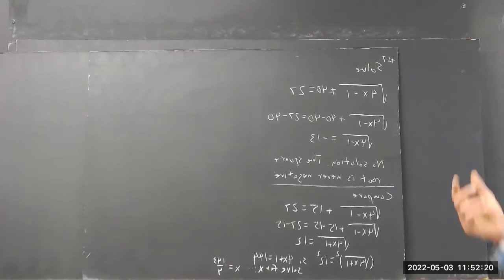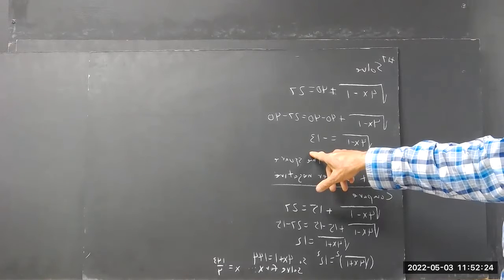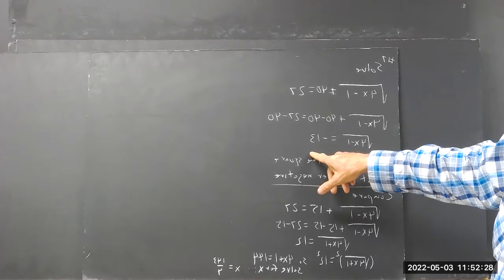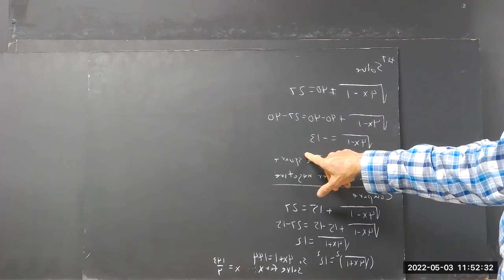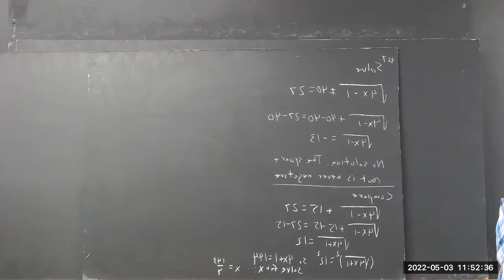Now notice one thing. If I square both sides of this, I get something that I can solve. I get 4x minus 1 equals 169. So 4x would be 168. And x would be 42. Okay?